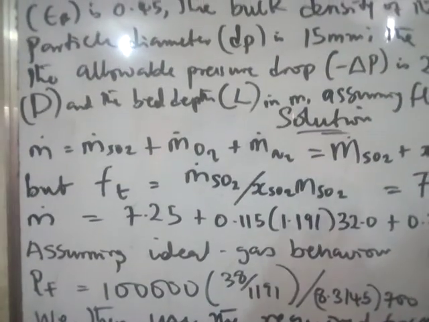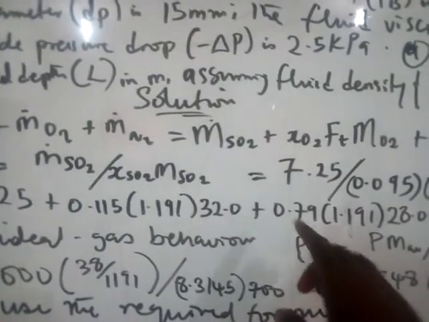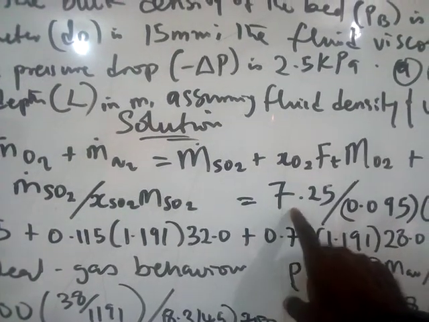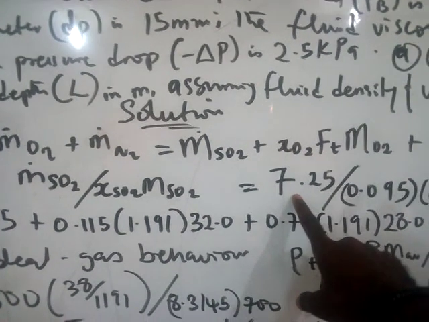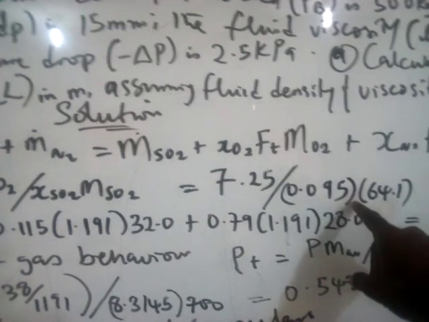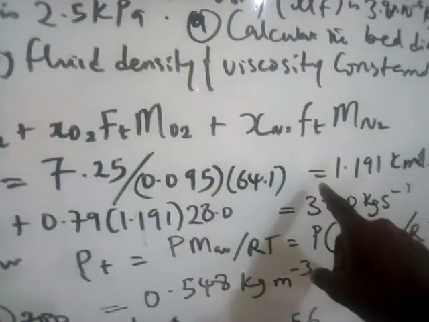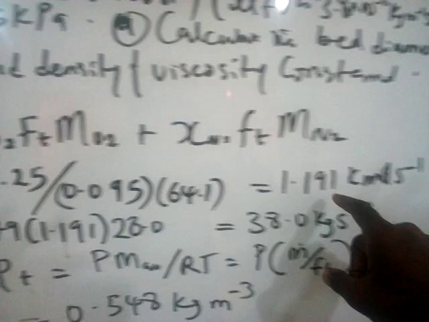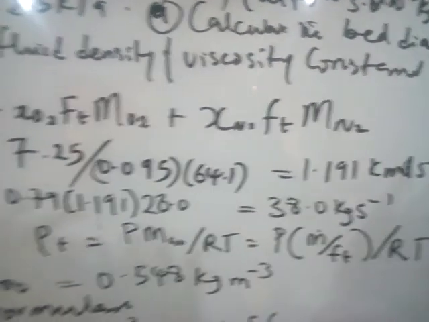So with that we can find the total feed rate. We are given that the mass flow rate for SO2 is 7.25, all over its mole fraction, 0.095, times its molecular weight, to give us 1.191 kilomole per second as the total feed rate.